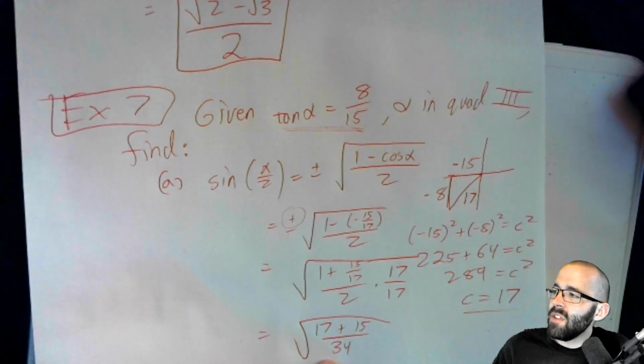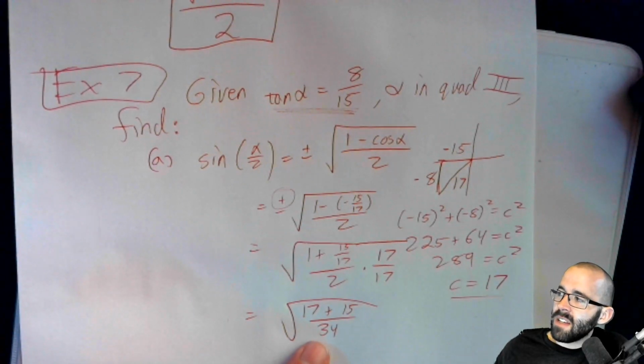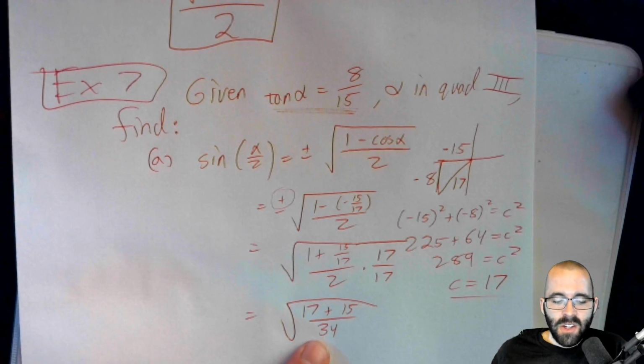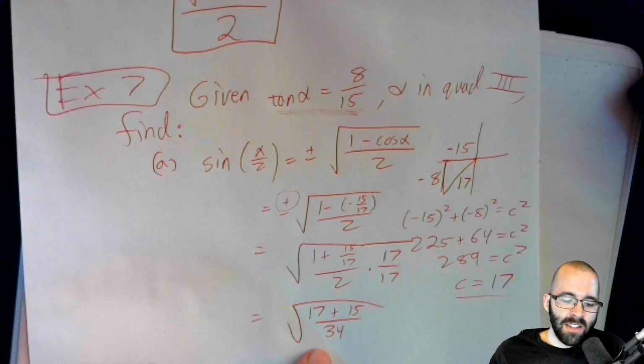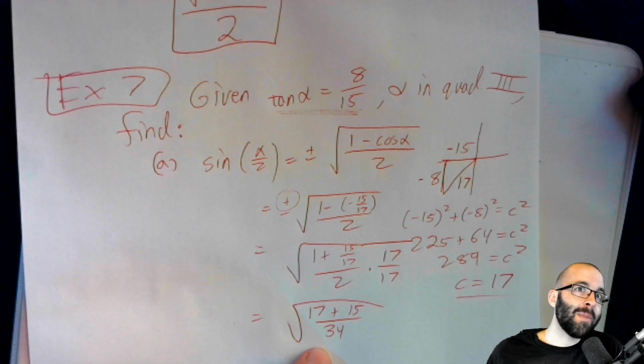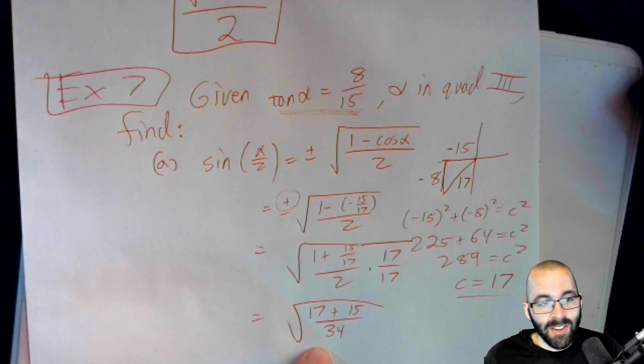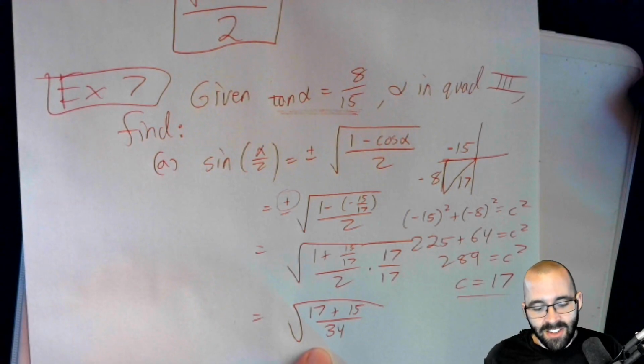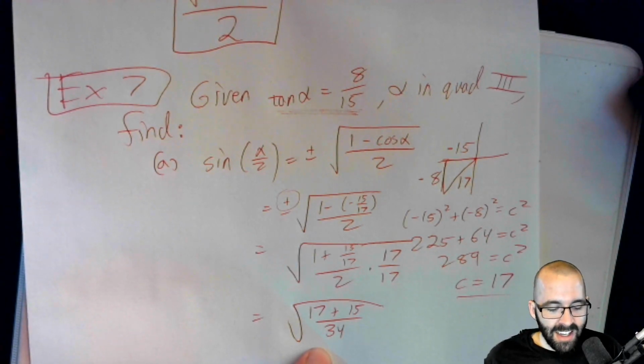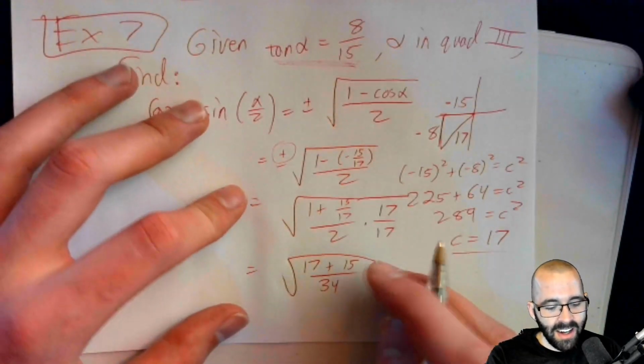And again, I said I don't usually like to make a big deal about rationalizing the denominator unless it's actually going to make things more simple. So here, you don't need to rationalize the denominator. If you're ever uncertain about whether you need to, normally in my face-to-face class, I would just tell you to ask me. But when you're taking an exam online, you won't be able to ask me.